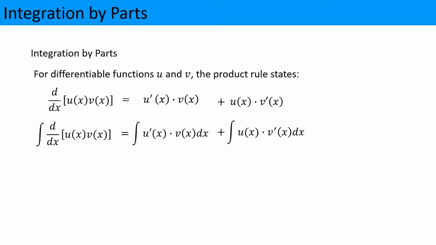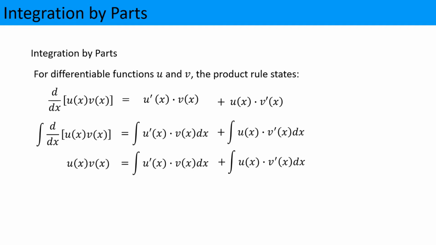The integral of the derivative just gives us the function. So it'll be u of x times v of x, and we still have the remaining two parts, the integral of u prime of x, v of x dx, plus the integral of u of x times v prime of x dx. To simplify this, let's write this again, but we'll drop the of x part.